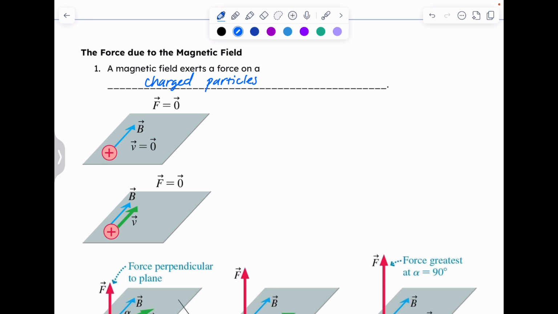So in each of these examples, the first one, there's a proton that's stationary, it's in a magnetic field and there's no force. So magnetic fields exert no force on stationary particles.